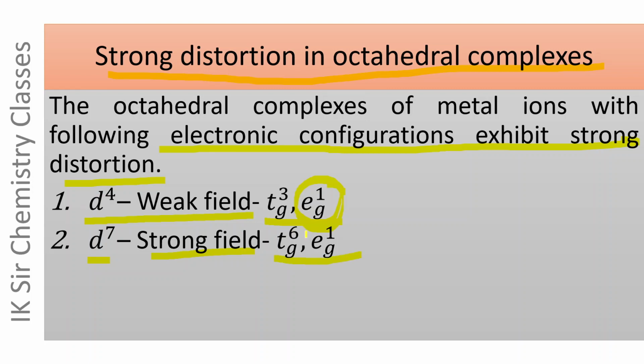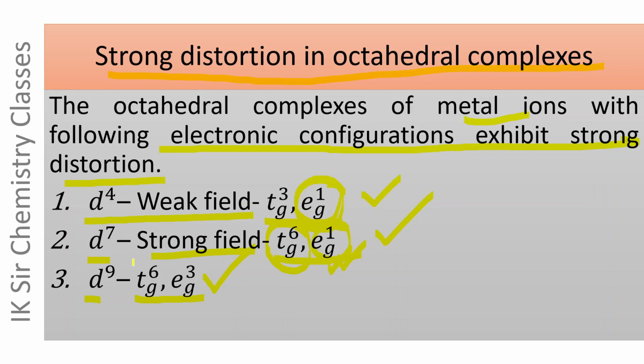First of all, t2g set of orbitals will be filled up, and then filling up of eg set of orbitals takes place. eg1 is unsymmetrical, and similarly the d9 transition metal ion has electronic configuration t2g6 and eg3. In these 3 electronic configurations of metal ions, the eg set of orbitals is unsymmetrically filled.